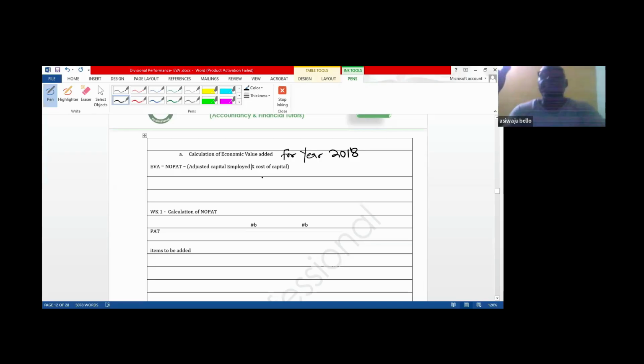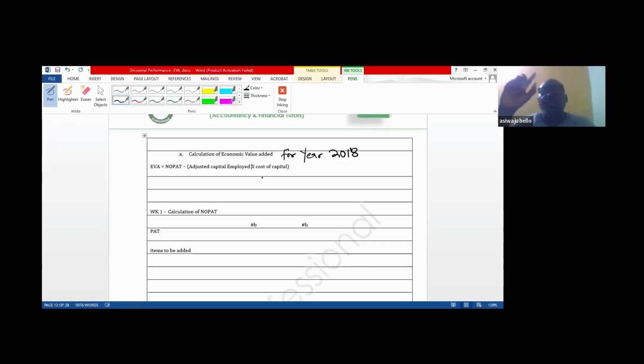That means we require 3 variables if you are to calculate economic value added. What are these variables?